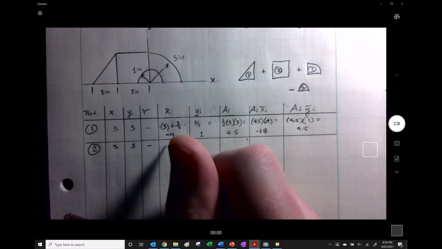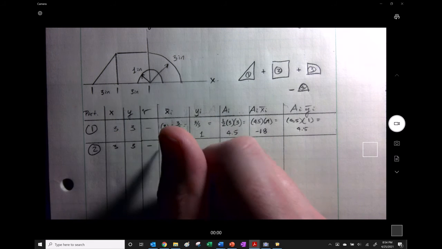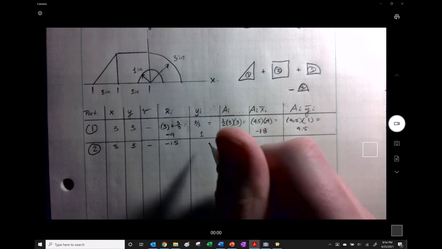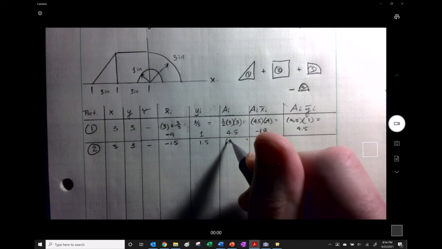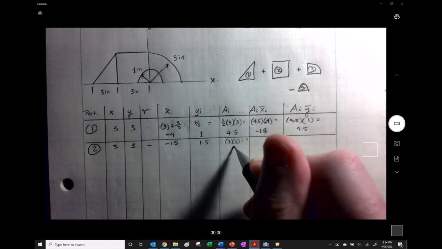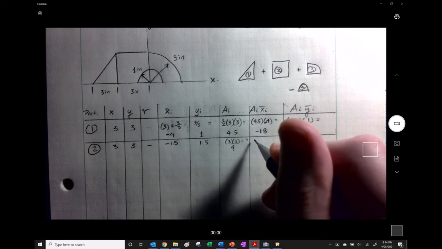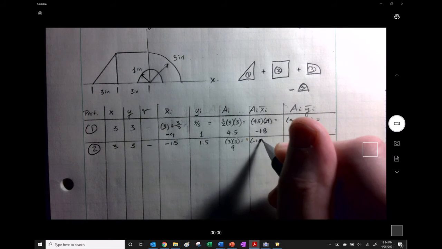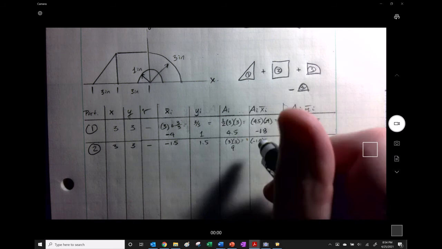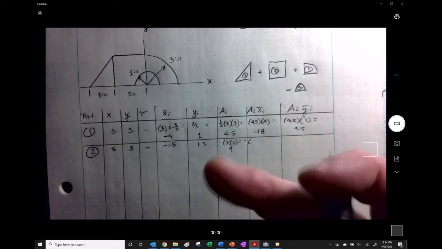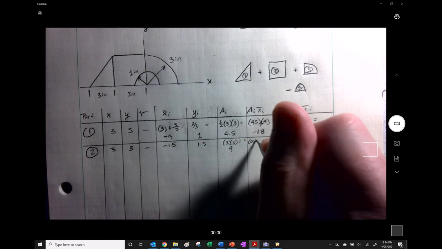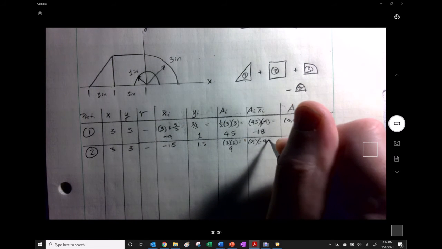Dummy. All right, so this over here should be negative 1.5. And then this should just be 1.5. And this should be 3 by 3, or 9. But I need to go area first. 9, negative 4.5.